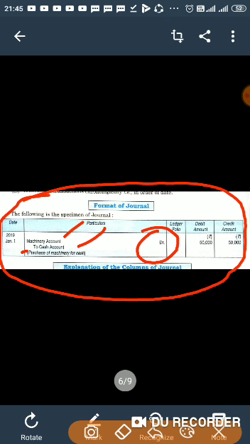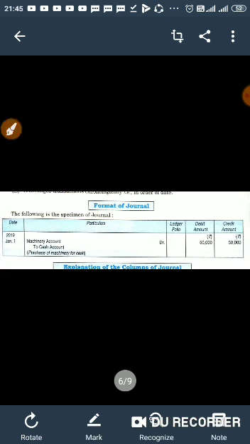And in ledger folio, you don't write anything unless it is given in the question. In the debit column you will write 50,000, as the machinery was purchased for 50,000. Cash account was credited, so you will write 50,000 on the credit side.